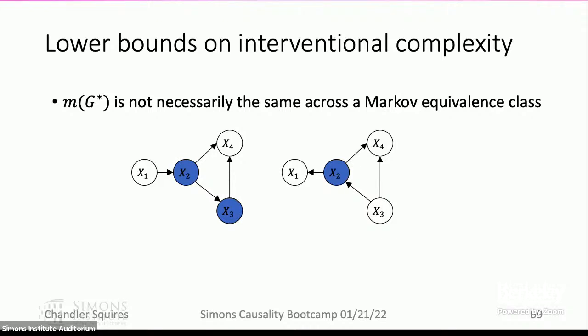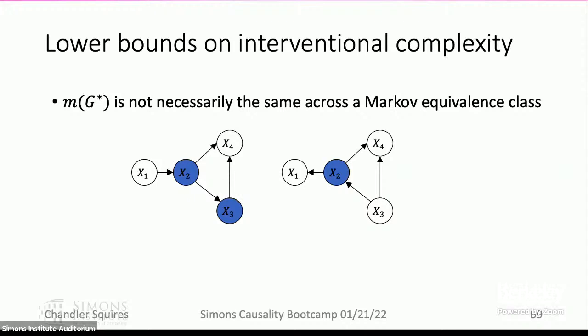So it's easier to see for the one on the right. You get all of the edges around x2, and then you get the edge from x3 to x4 from acyclicity. For the one on the left, it's easy to see that you get all of the edges, but then you have to check each of the single node interventions and see that all of those would leave at least one of these edges unoriented.